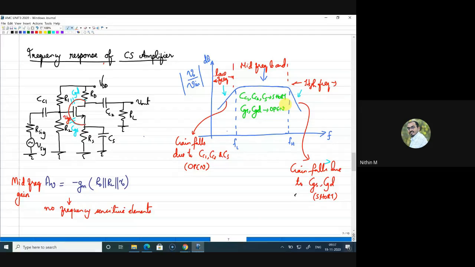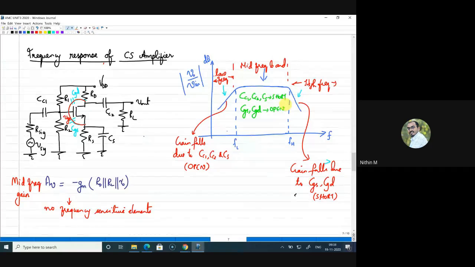But at low frequency, since the coupling capacitors are open, the signal is not effectively coupled, so gain falls. At high frequency, your parasitic or structural capacitors are acting as short, so as a result your gain falls. So this is how we understand the frequency response.